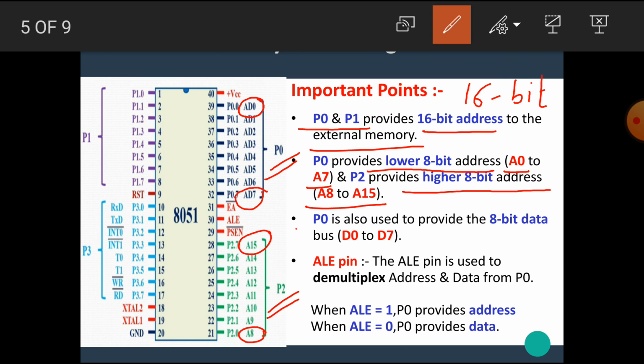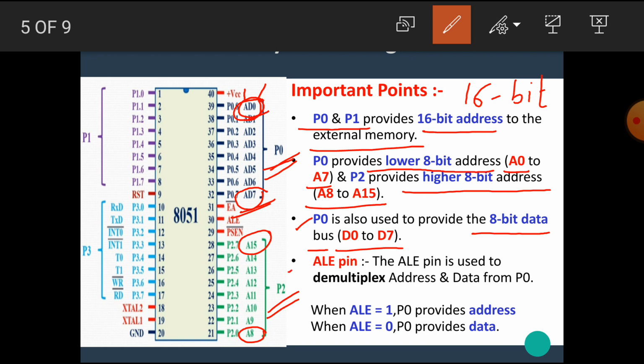We know that port P0 is also used to provide the 8-bit data bus D0 to D7. Here AD0 is written, that means A stands for address and D stands for data. So port P0 is also used to provide the data bus from D0 to D7.